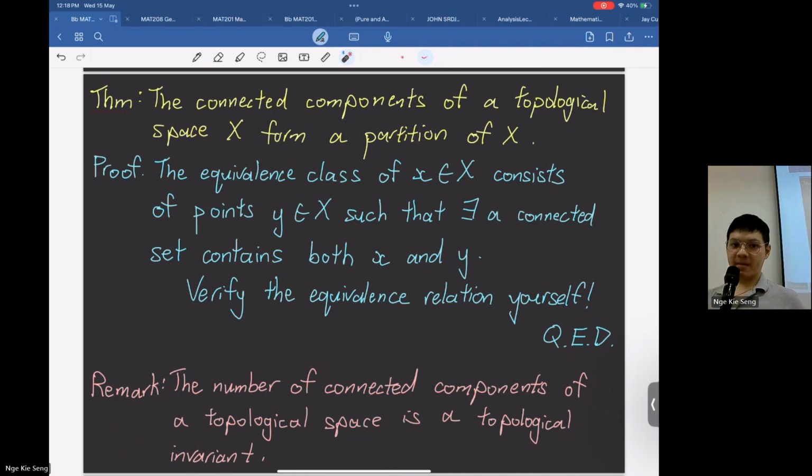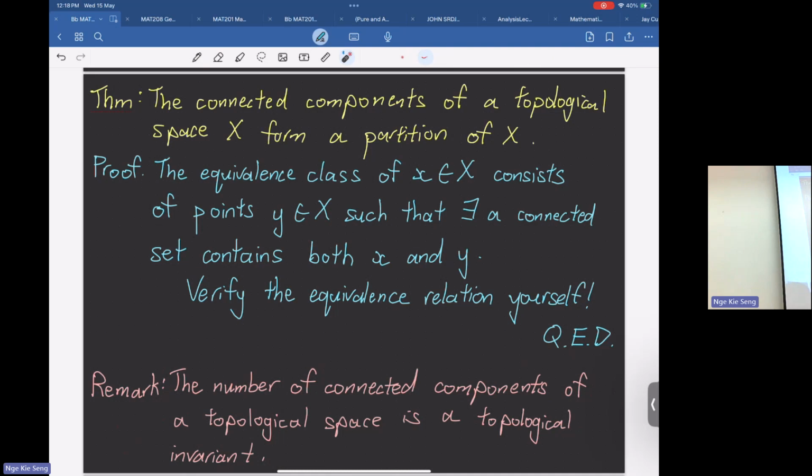In mathematics, we typically look for these invariants because we want to see whether they classify our topological spaces. Based on the number of connected components, can we understand the properties of a topological space?